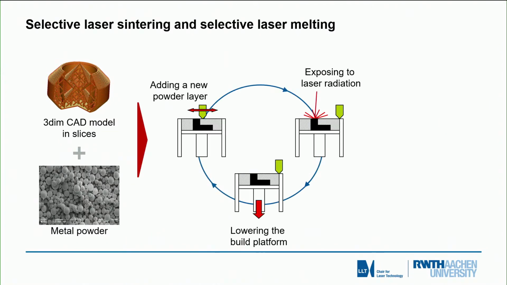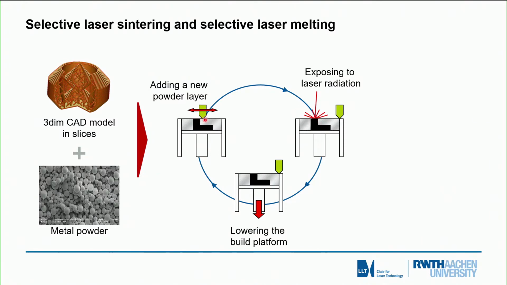So the process in detail works such that we focus the laser radiation onto a powder bed and the information is, so to say, scribed into the surface. Then we lower the platform a little, about a few tens of microns depending on the powder grain size, and add a new layer of fresh powder on top of that, and then the process starts again.